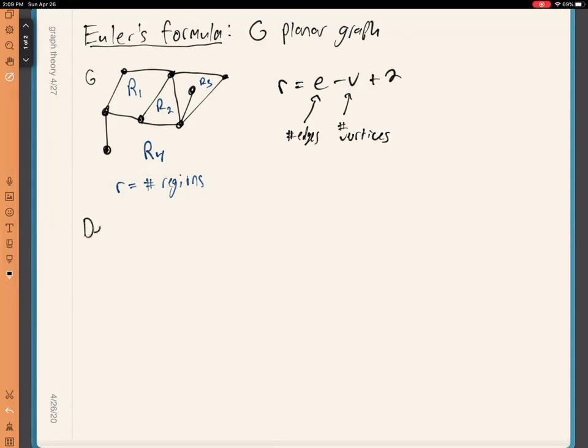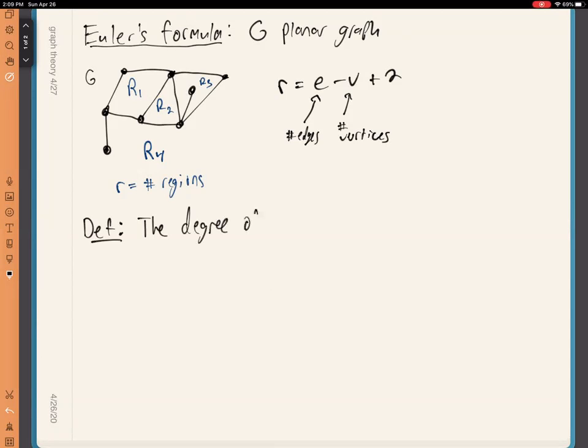In particular, we're going to talk briefly about the notion of the degree of a region. Previously we had talked about degree of vertices. It turns out you can also define the degree of a region. And there is a relationship between these two definitions, although we won't go too much into that for now. So, what is the degree of a region?